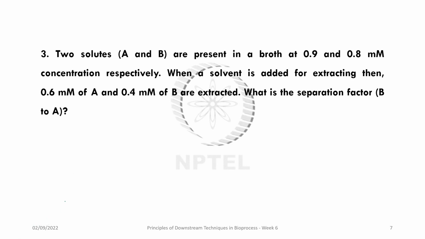Okay, question 3. Two solutes A and B are present in a broth at 0.9 and 0.8 millimolar concentration respectively. When a solvent is added for extracting them, 0.6 millimolar of A and 0.4 millimolar of B are extracted. What is the separation factor B to A? Let's take a minute.